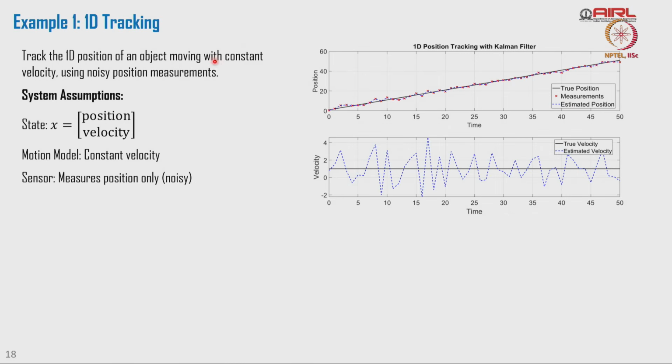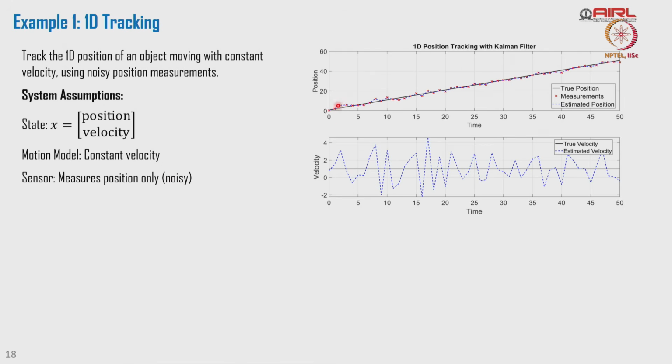Now let us look at a one dimensional tracking problem. I want to track one dimensional position of an object moving with a constant velocity using noisy position measurements. My state is the position and velocity, the motion model is constant velocity. What is my sensor? It measures position, it is noisy.